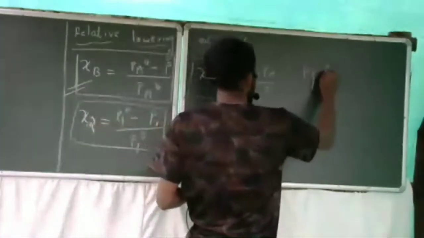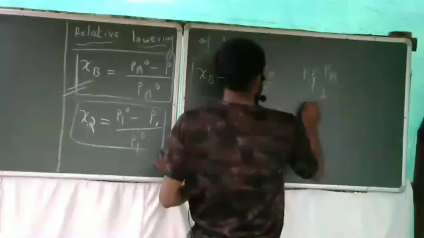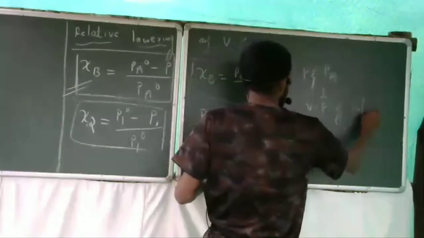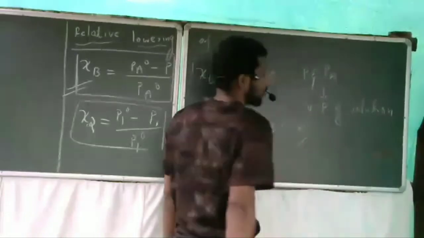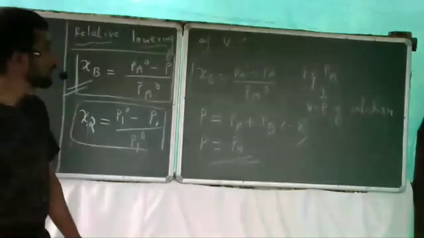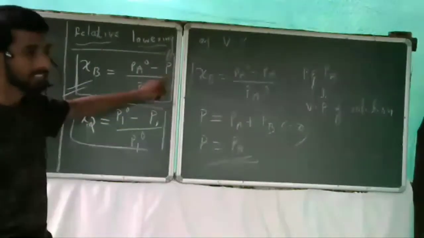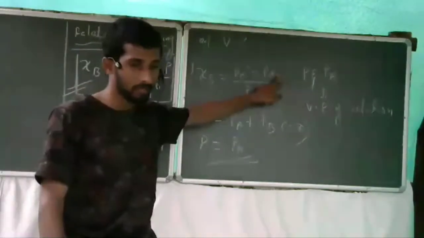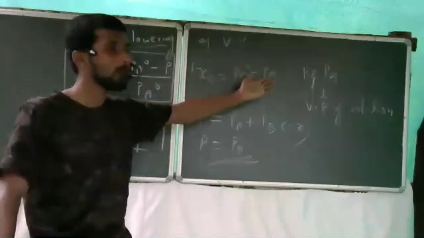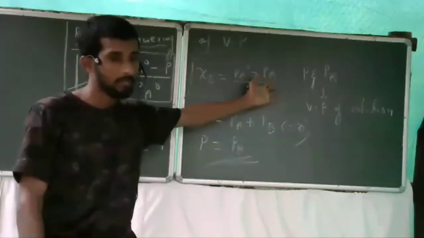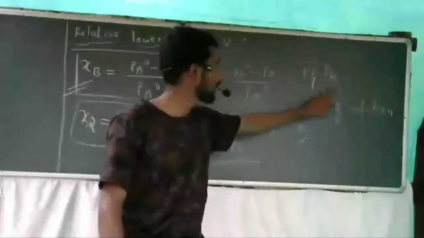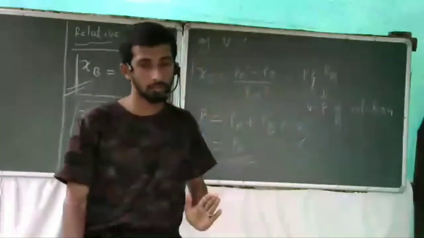P and pa are nothing but the vapor pressure of the solution. No confusion there. Some textbooks mention it as P, some as pa, because P is equal to pa.